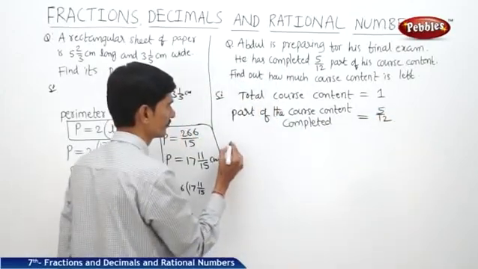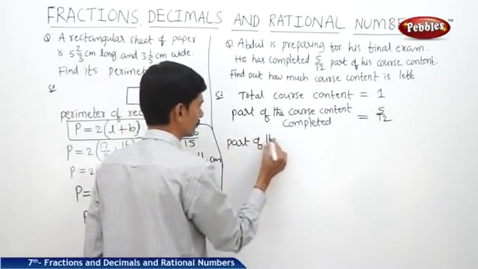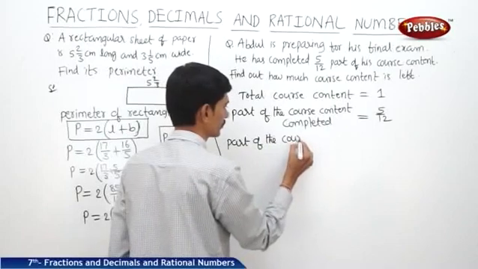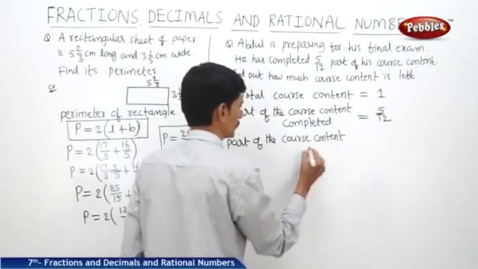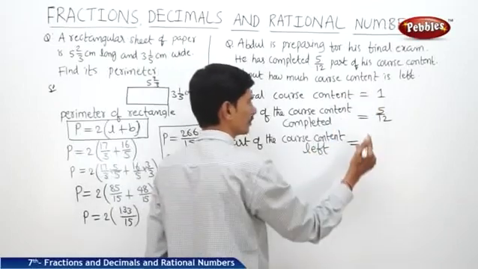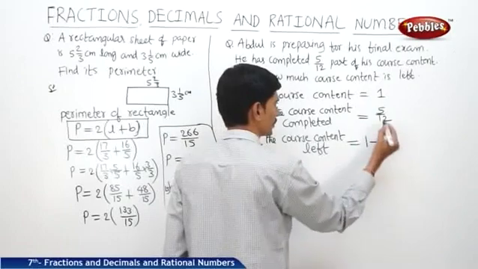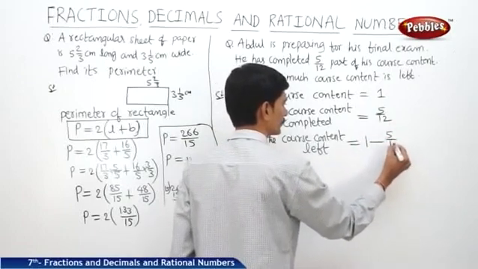Now, part of the course content left equals, from this whole course he has completed 5 by 12, so we write 1 minus 5 by 12.